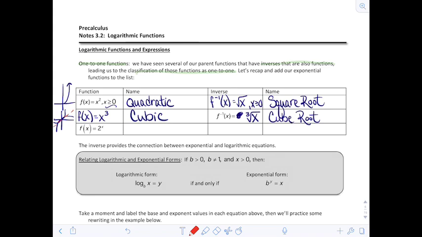Okay, then f of x equaling 2 to the x power. This is our new exponential that we talked about in 3-1. Now the inverse of an exponential function is a logarithm.